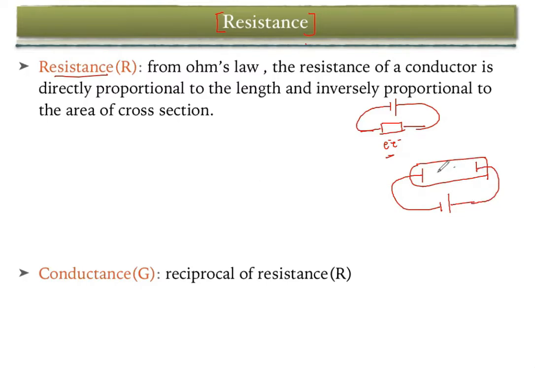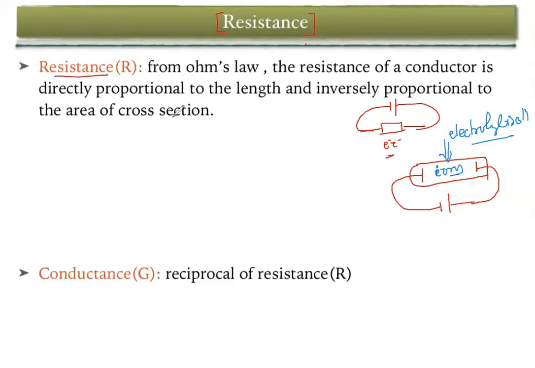The electrolyte has different ions, and these ions complete the circuit. This electrolyte solution produces ions, and those ions flow and complete the whole circuit. That's why we are going to read resistance and conductance.